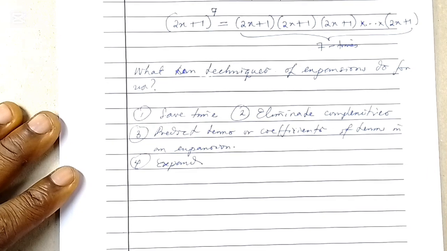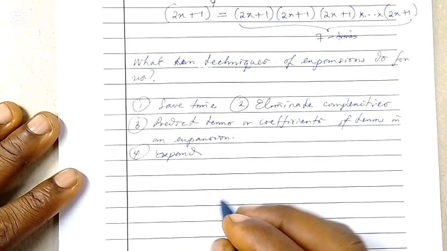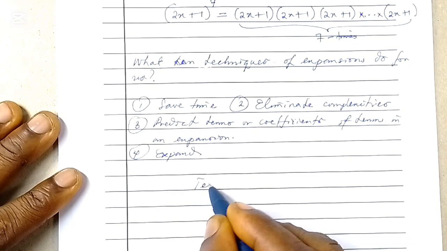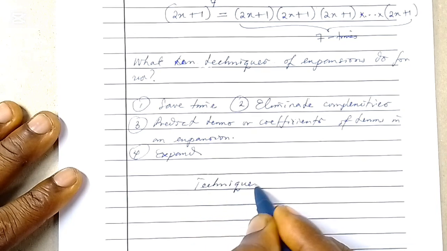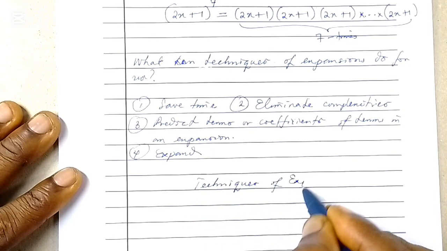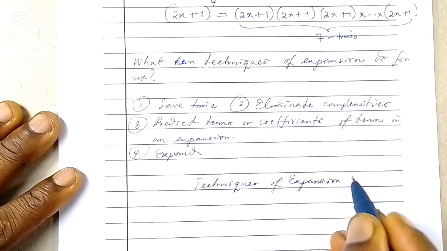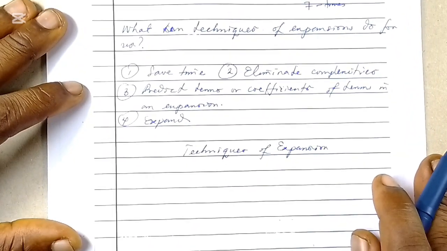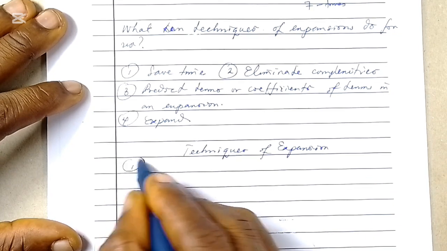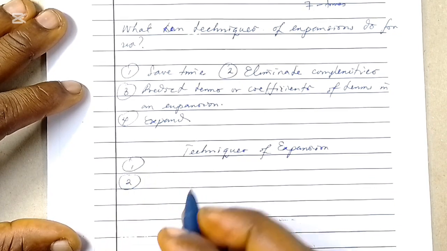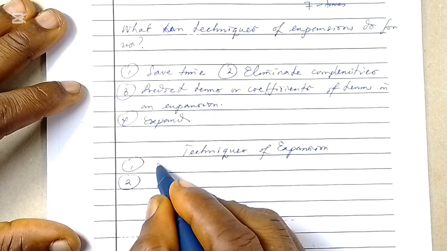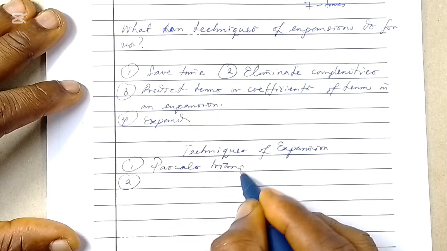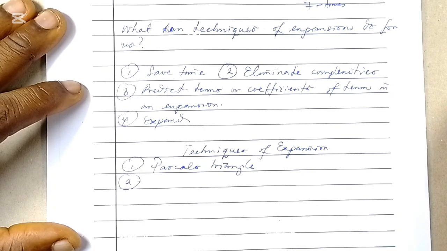Okay, now please take note. There are 2 techniques. Let's start with techniques of expansion. Now, under this topic called binomial expansion, we shall be looking at 2 basic techniques. The number one technique is Pascal's triangle.